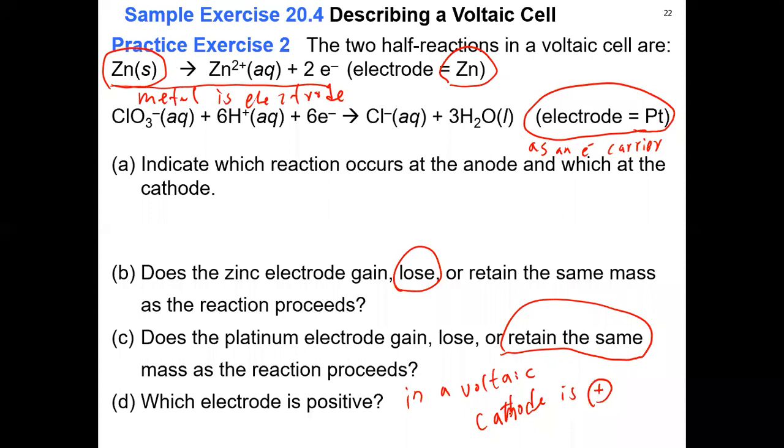So then who is the cathode? The cathode is Pt in this example. All right, so those are the fundamental basic definitions for a voltaic cell.